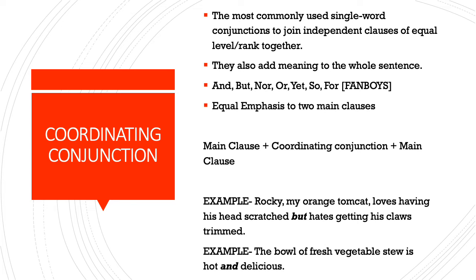So equal emphasis to two main clauses. Main clauses means independent clauses. Okay. Main clause plus the coordinating conjunction plus another main clause. So if we take this example of Rocky, "Rocky, my orange tomcat, loves having his head scratched" is the first main clause.